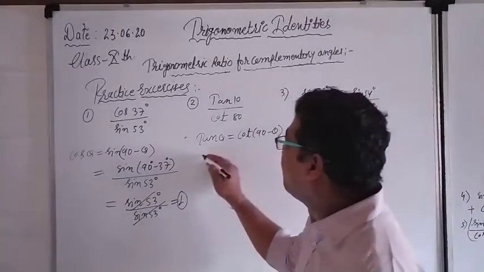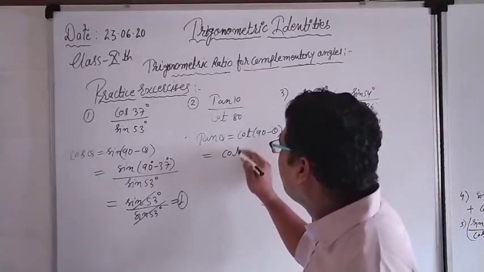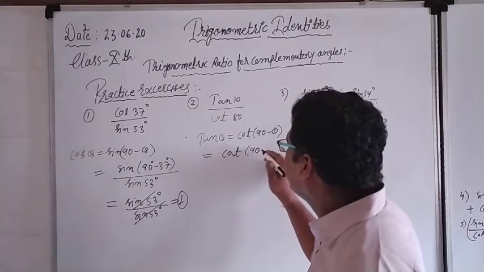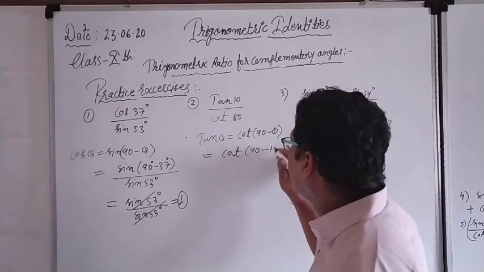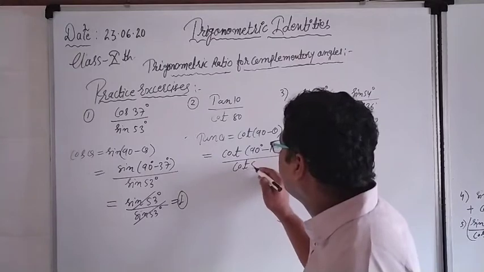By applying that particular identity, tan can be written in the form of cot(90 minus theta), and theta here is 10 degrees, upon cot 80, same to same.